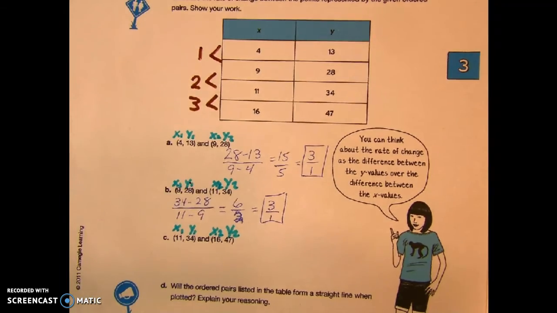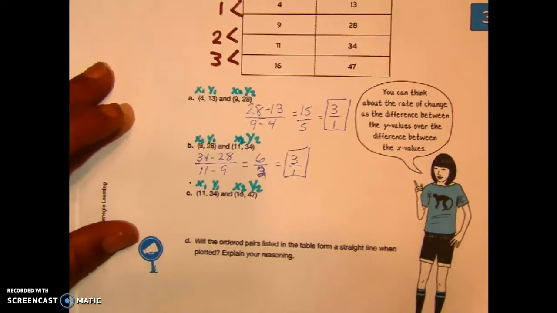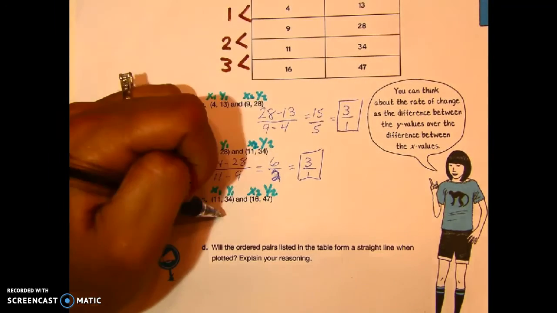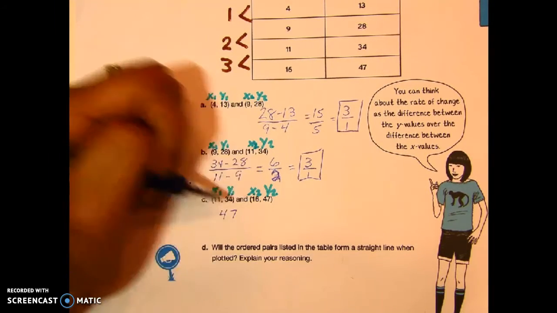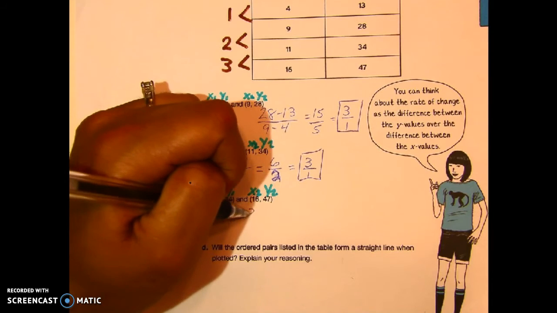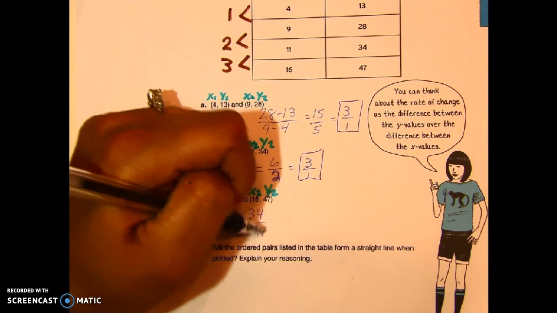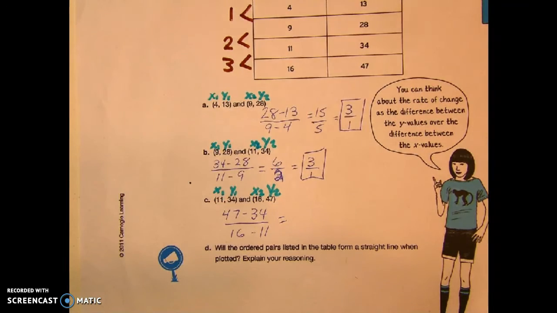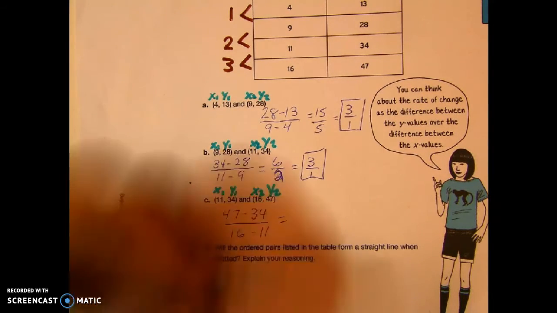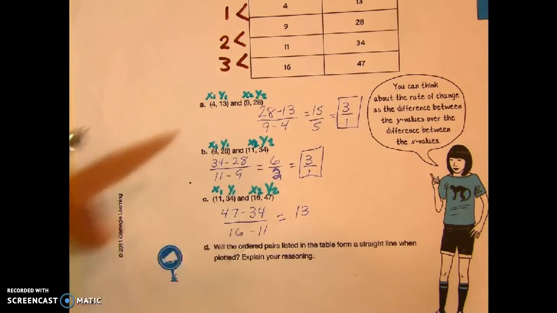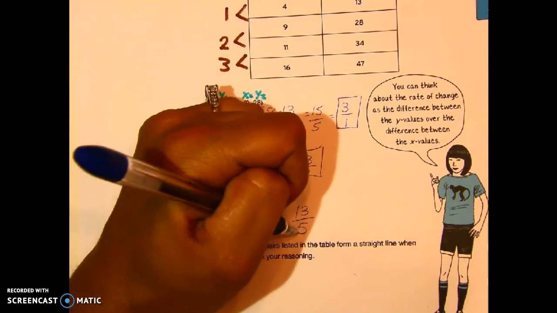You must check the third one to see if it's going to form a straight line because all 3 need to equally fit. In this case, I'm going to get 47 minus 34 and 16 minus 11. 47 minus 34 is 13. 16 minus 11 is 5.